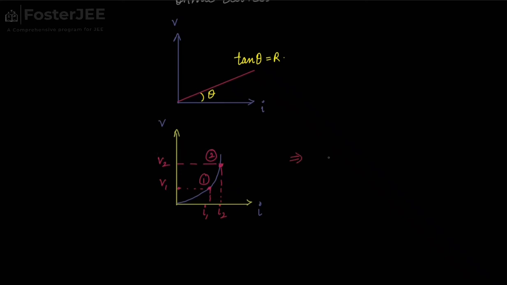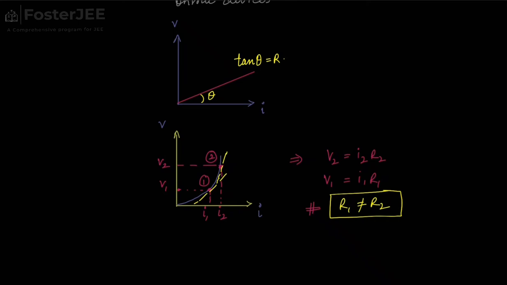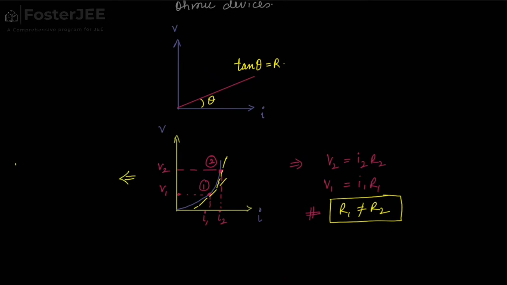We can write here also that V2 is equal to I2 R2, and also V1 is equal to I1 R1. But R1 is not equal to R2 because resistance is not constant and slope is changing everywhere. So slope gives the resistance, but this is for non-ohmic devices, and this is for ohmic devices.